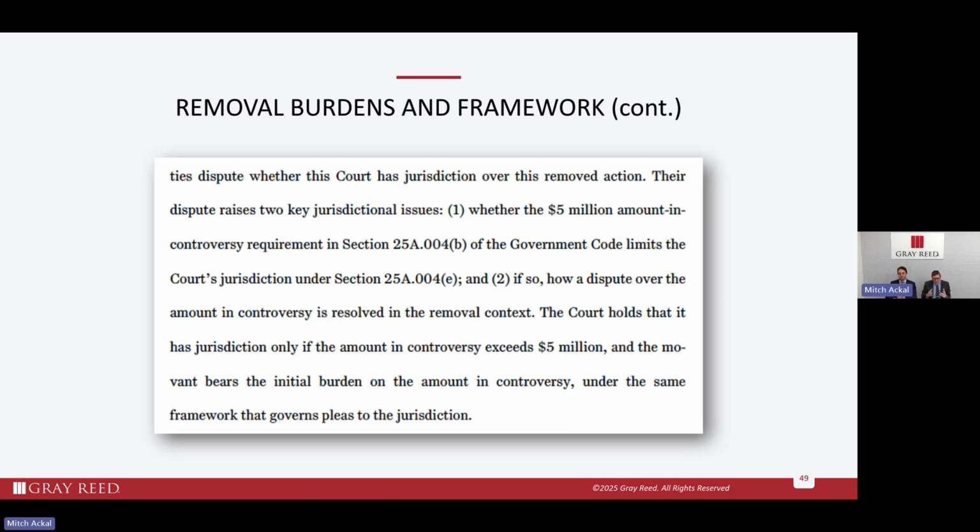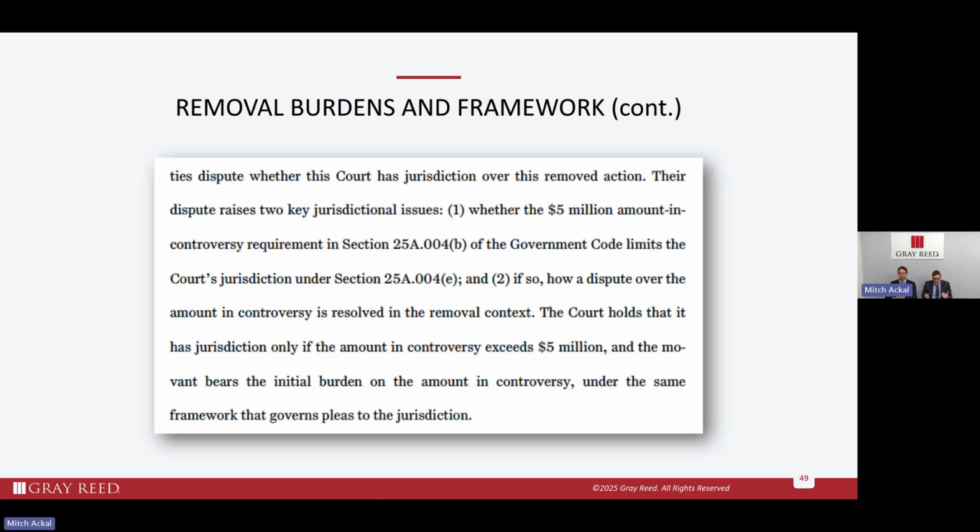Because again, if we think about removal in state district court, there's no amount in controversy pleading requirement. Most plaintiffs aren't going to say, I have $5 million in controversy, the same way you will in an original action in business court. And this opinion also recognized that normally the petition is going to be silent on this issue. So it's not just a matter of who bears the burden, but how the court is going to determine that.